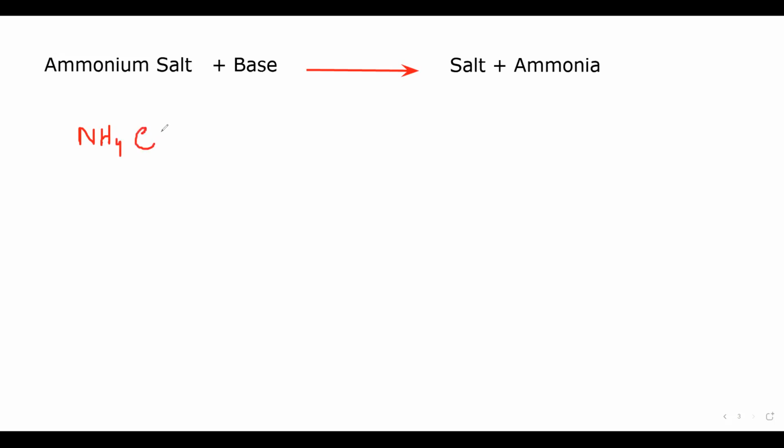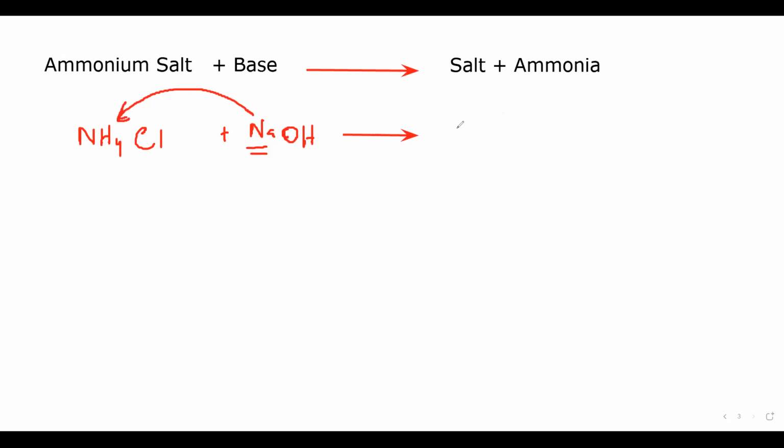Example, we have ammonium chloride and that is reacting with sodium hydroxide. Sodium hydroxide is NaOH. So when we react a base with an ammonium salt, what will be the result? The metal which is present in the base will take the position of ammonium.